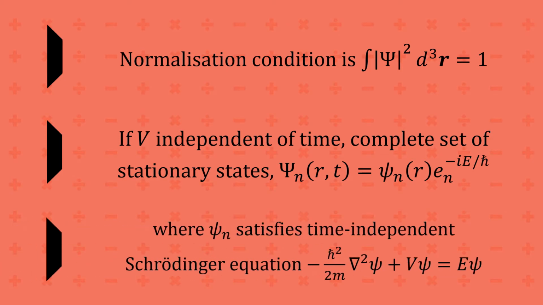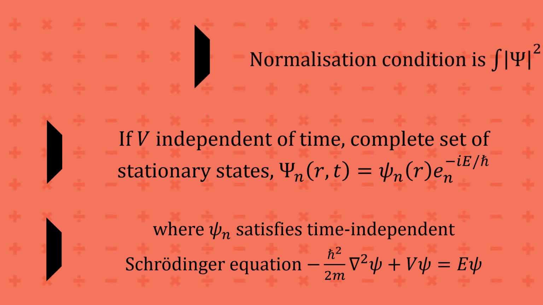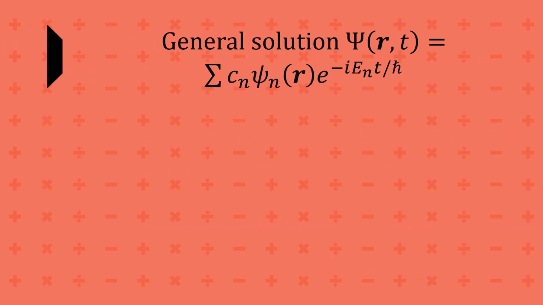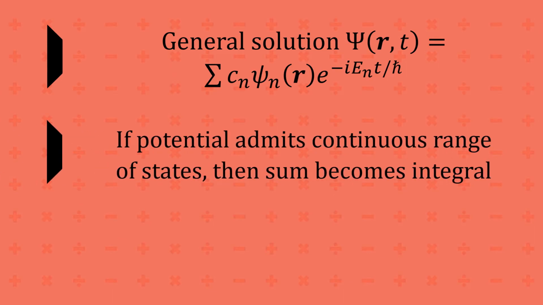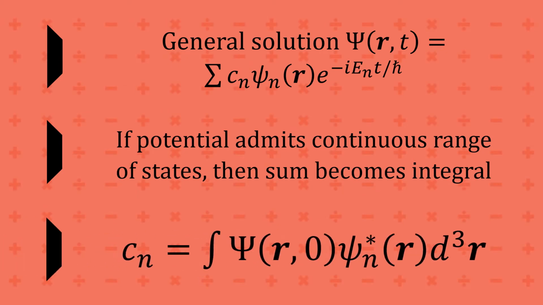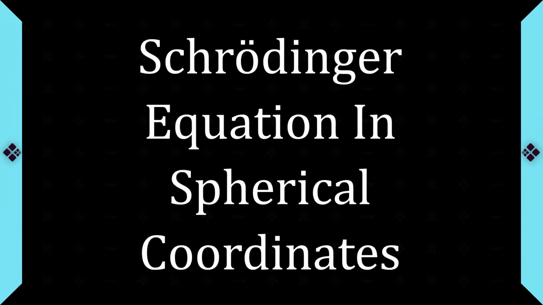If V is independent of time, there will be a complete set of stationary states, where the spatial wave function psi n satisfies the time-independent Schrödinger equation. The general solution to the time-dependent Schrödinger equation is given by this expression here. If the potential admits a continuous range of states, then the sum becomes an integral. The constants Cn are determined by this integral here.